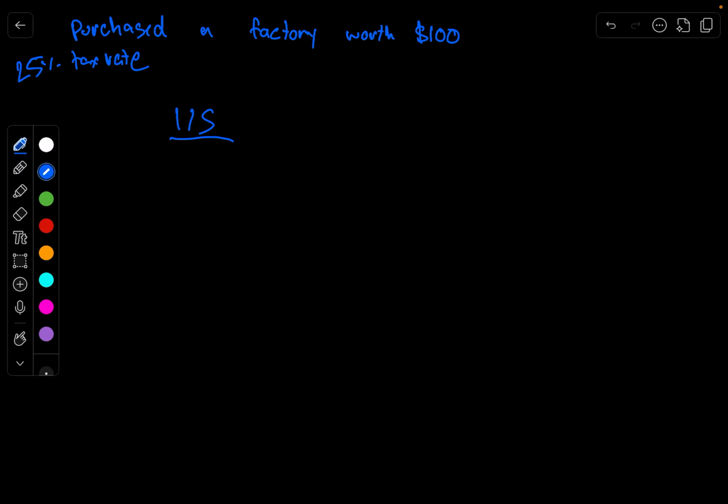So let's say that we purchased a factory, or we paid $100 for this factory, right? And there's a 25% tax rate. Let's see how that impacts our three statements.